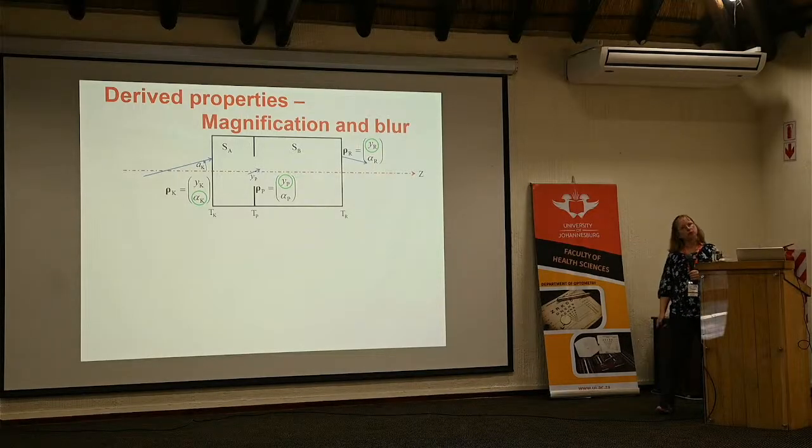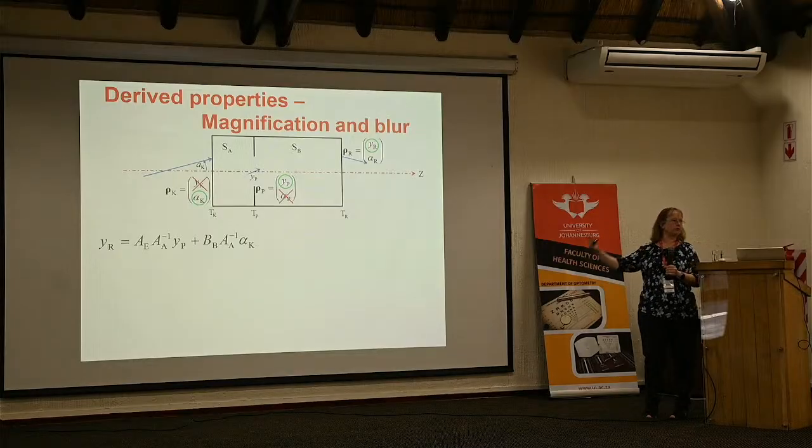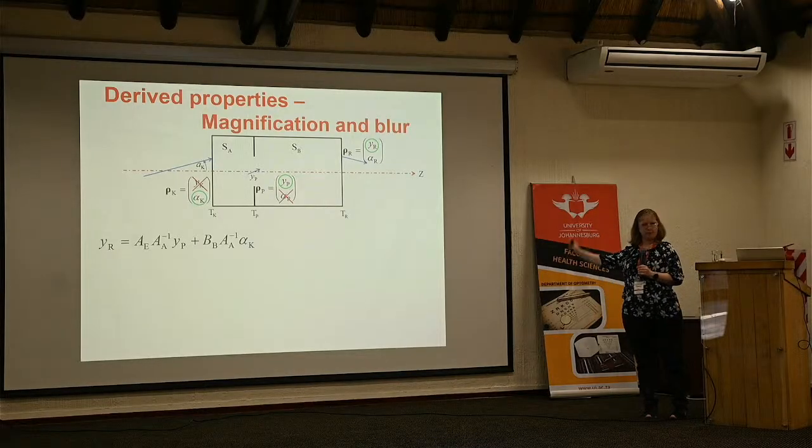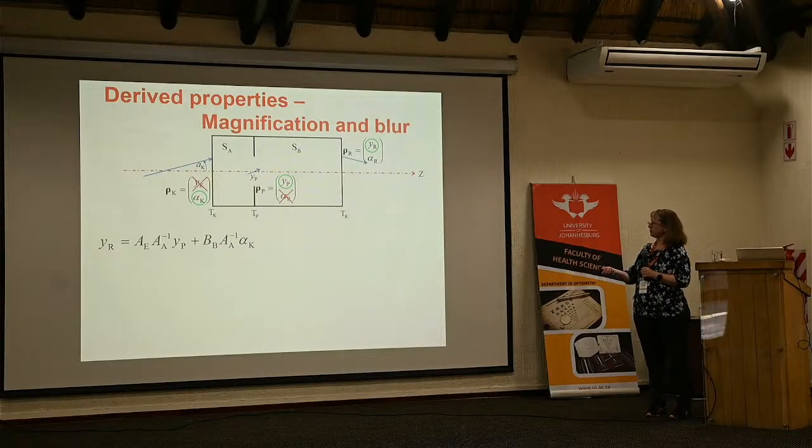So we take our 2 equations and we substitute and manipulate. I'm not going to go through all of that. That's a whole chapter. But we end up with this little relationship here: YR, our retina, as a relationship of YP through the pupil, and alpha K, the inclination at the cornea.